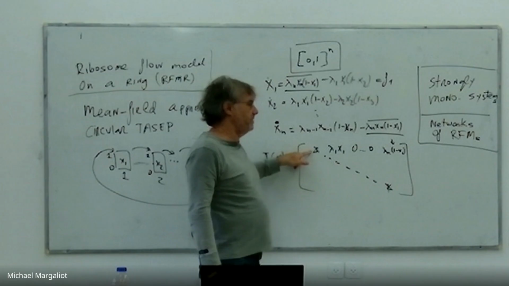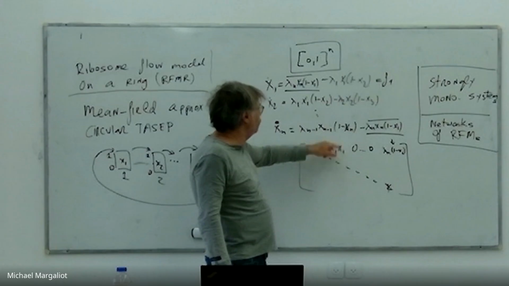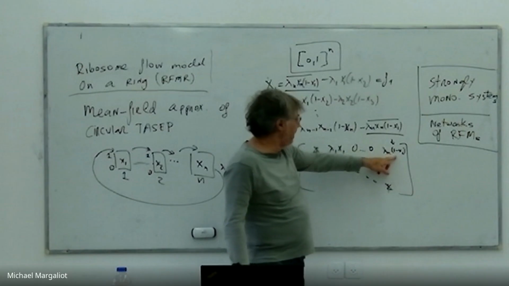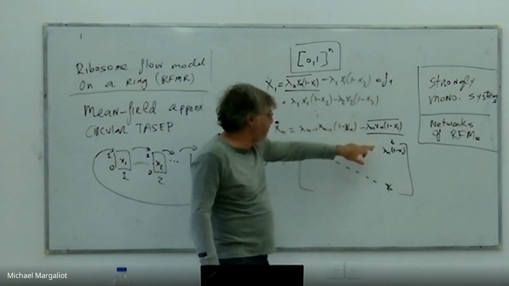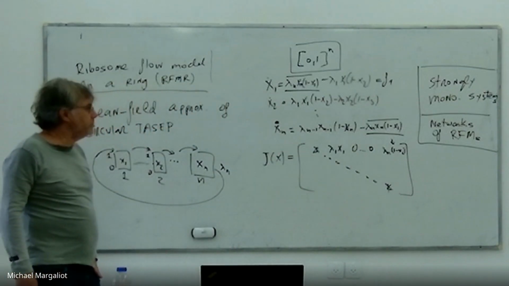This is the derivative with respect to x_1, I don't care about this. This is the derivative with respect to x_2, this is lambda_1 x_1. And this is the derivative with respect to x_n, which now appears. It did not appear in the RFM. In the RFM, this was 0.